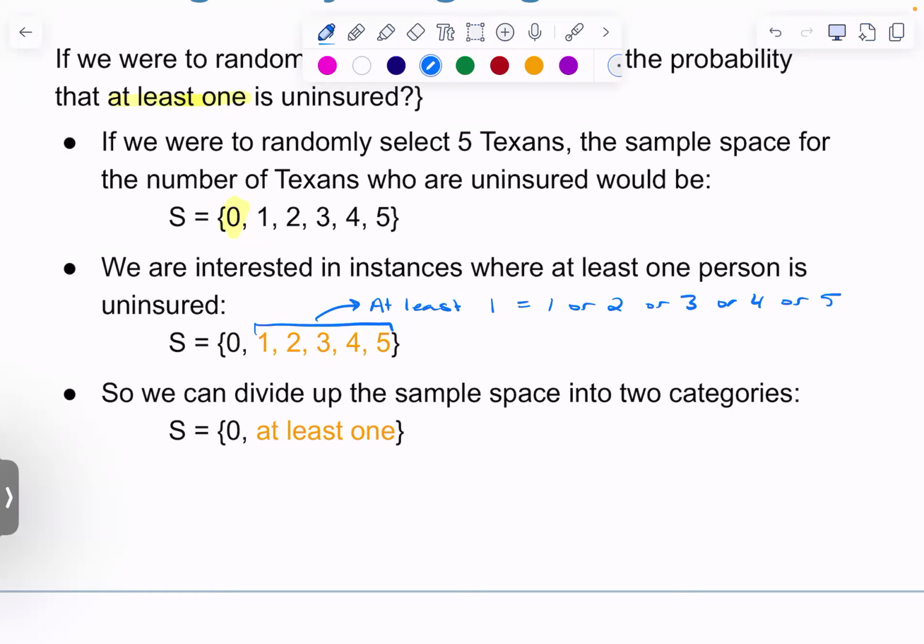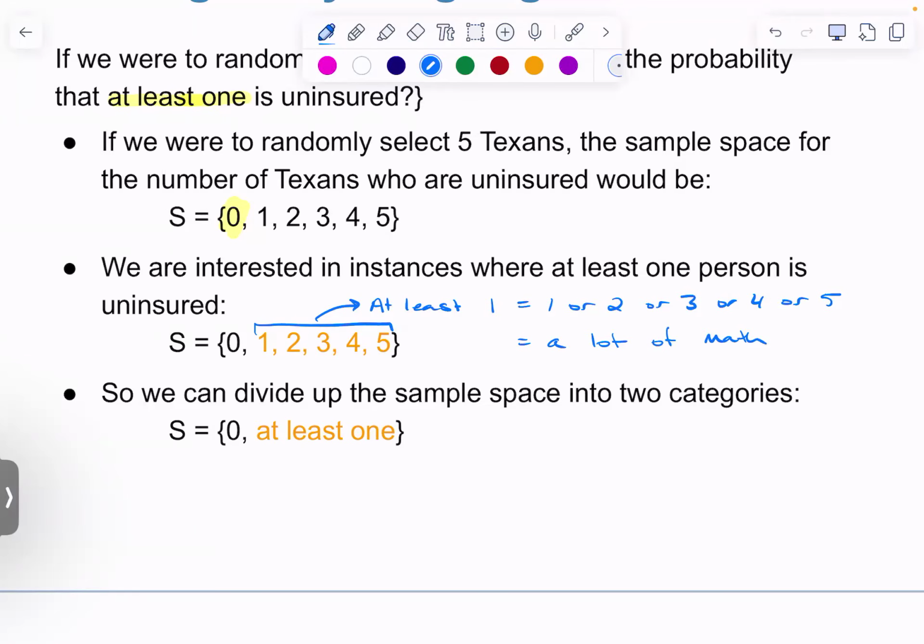But the problem becomes, well, it could be the first one, or the second one, or the third one, or the fourth one, or the fifth one. And then do the same for 2 and all of those different combinations, and it just becomes too large. So here equals a lot of math that I don't want to do.